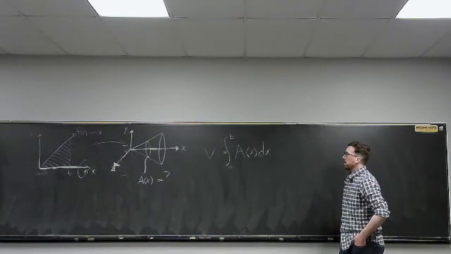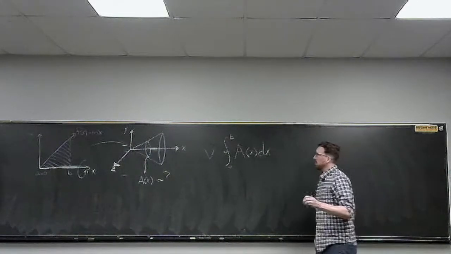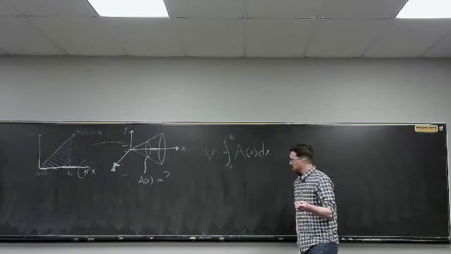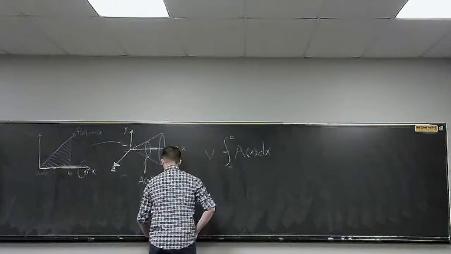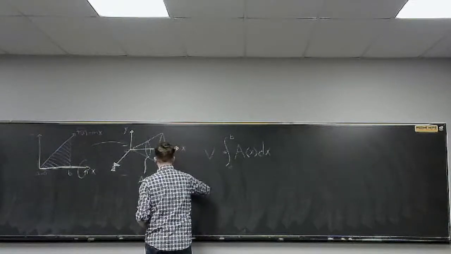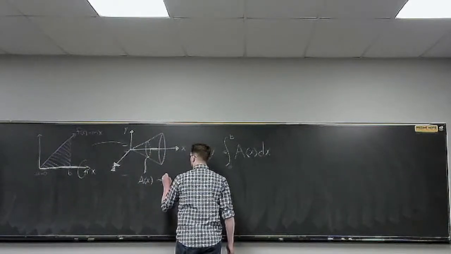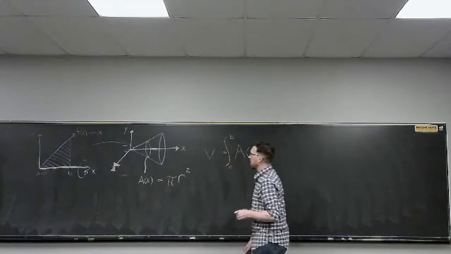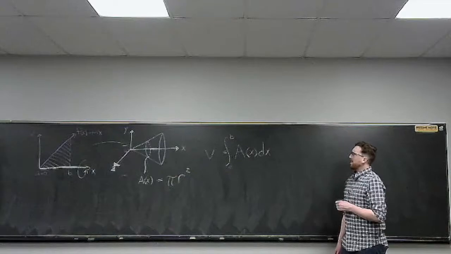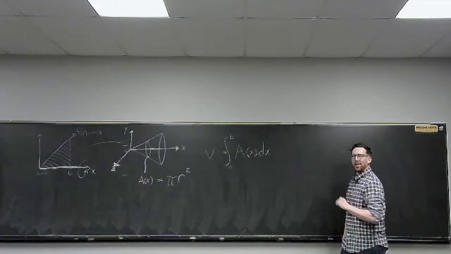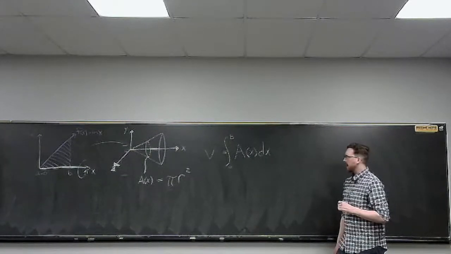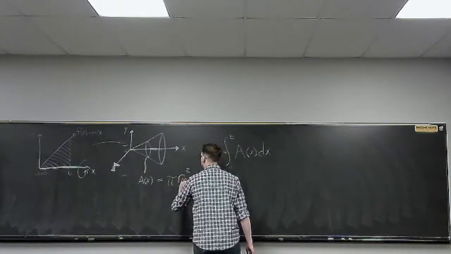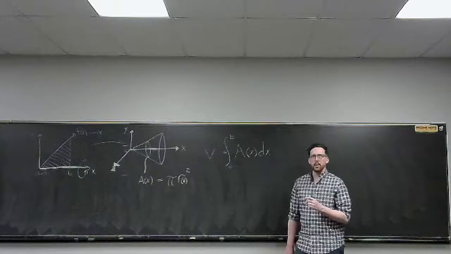Well, these are disks, so their area is going to be equal to pi r squared. That doesn't tell us how this relates to x. We do, however, know that the radius is going to need to be a function of x. That's about all it tells us.